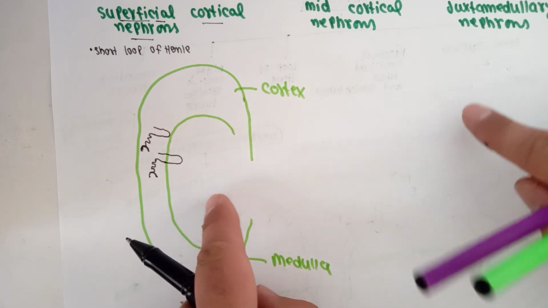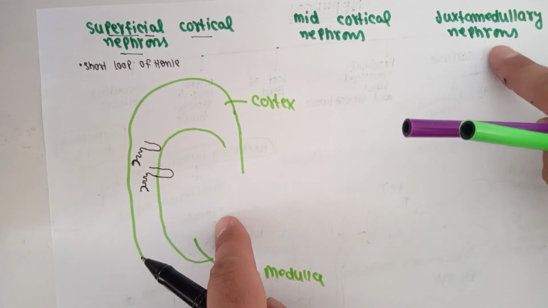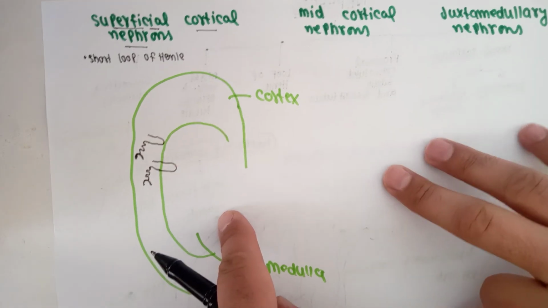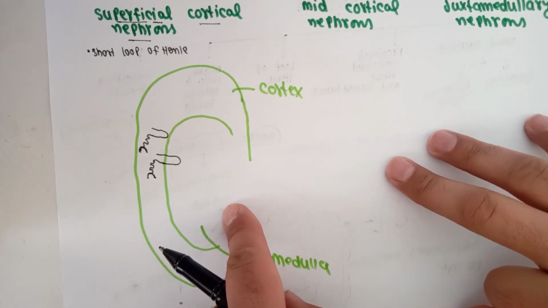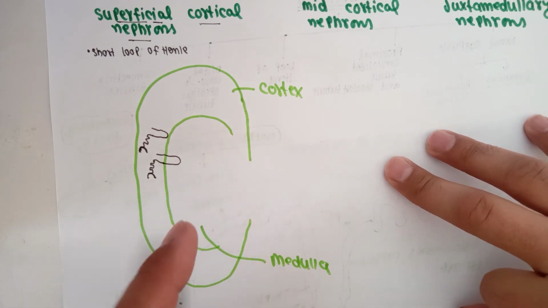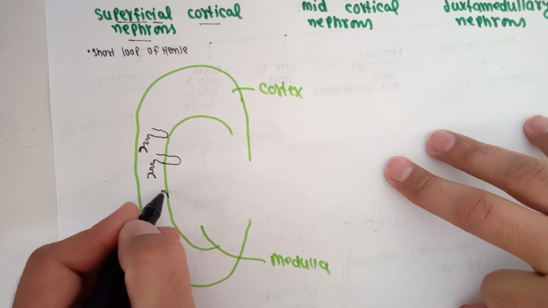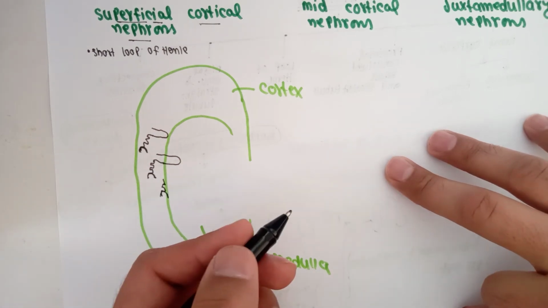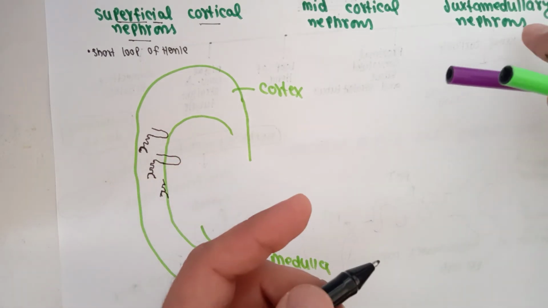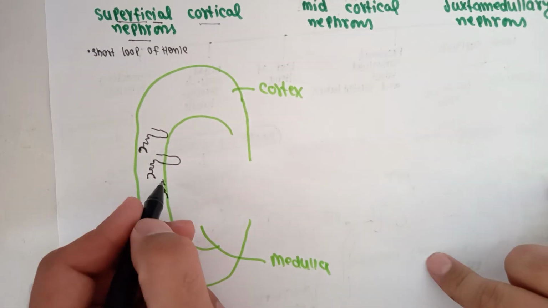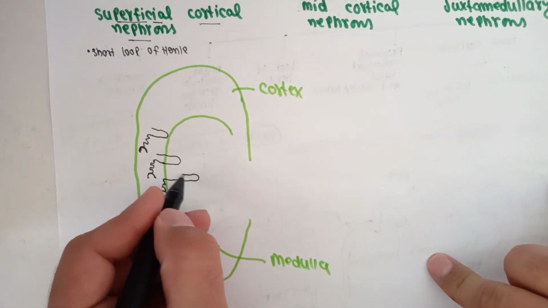Another type of nephron is the juxtamedullary nephron, and this nephron has its renal corpuscle located at the junction of the medulla and the cortex. So this is the junction of the medulla and the cortex. Here their renal corpuscle is present, and it is important to note that their loop of Henle is the longest of all, and it extends deep into the medullary region.